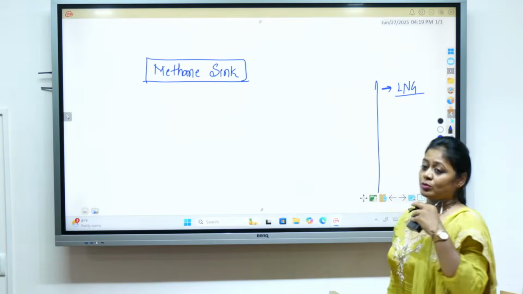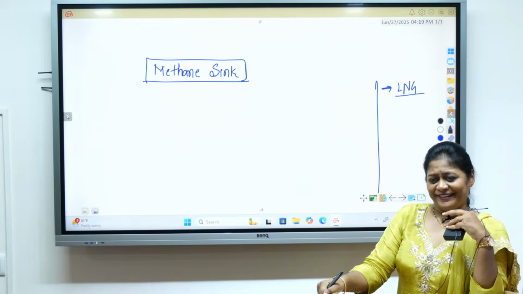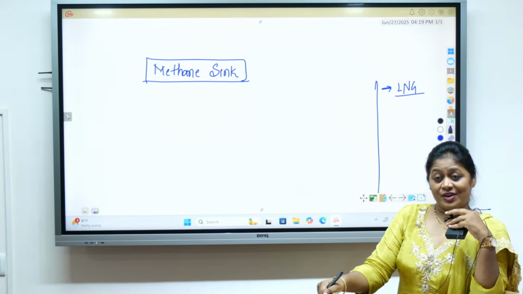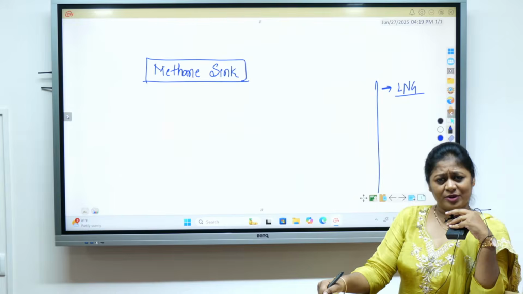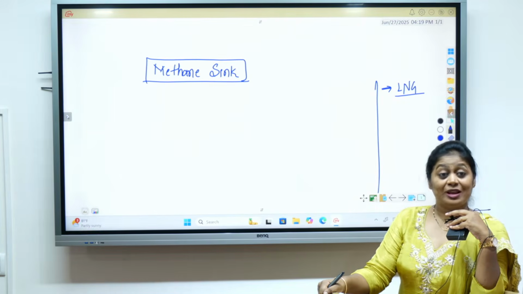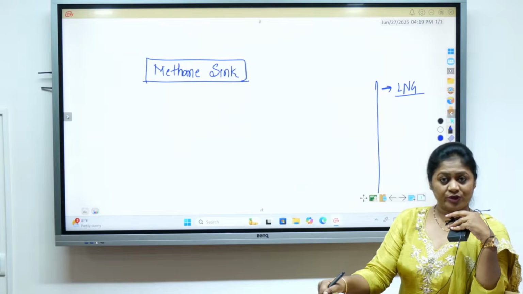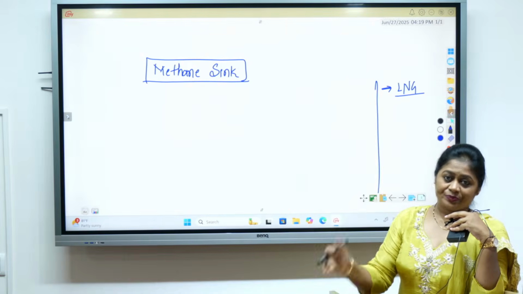What is the gaseous composition of LNG? Liquefied natural gas. This is nothing but methane. LPG has butane, propane and isobutane. LNG is methane.